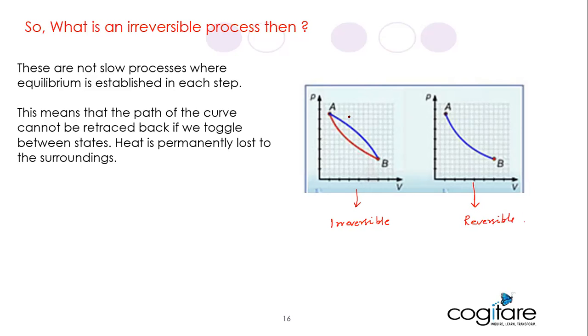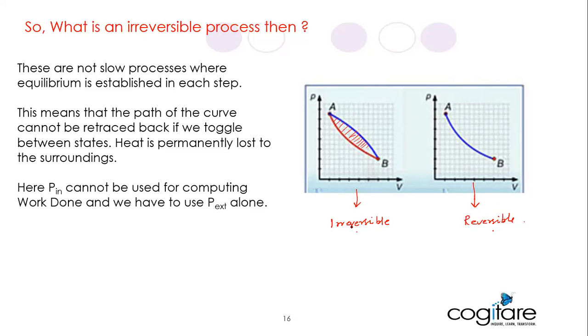Okay, so the fact that the states are not on the same line, there is an area between these two paths. This area is nothing but work done which is lost. Here, if you see, there is zero area. There is no area between the two paths. So this is a reversible process, whereas this is an irreversible process.